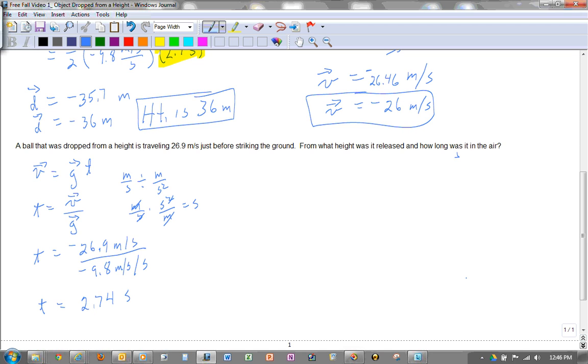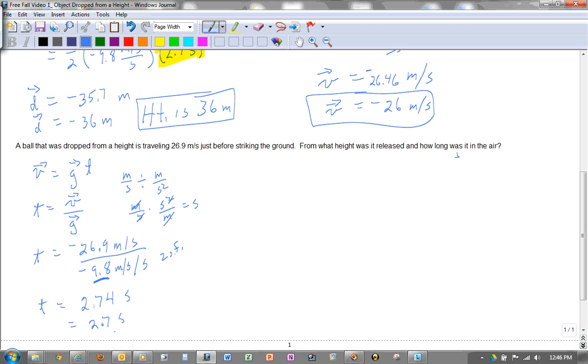And actually, because of the negative 9.8, that's two significant figures. So I'll only keep 2 and call it 2.7 seconds.